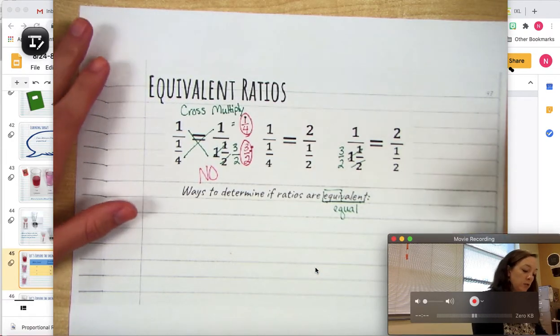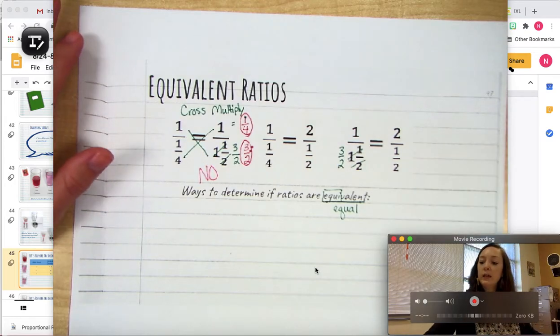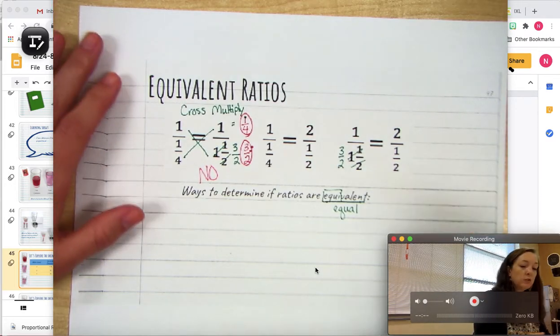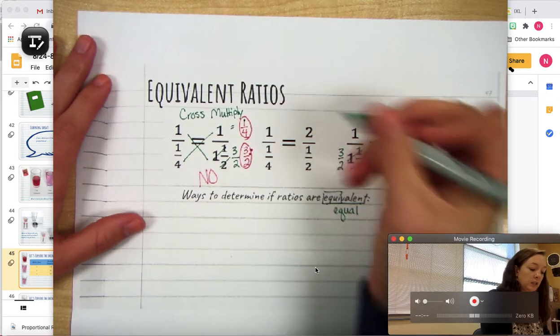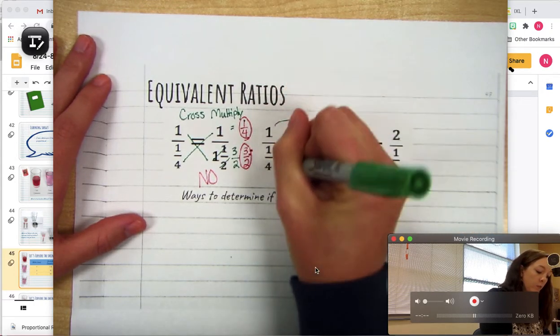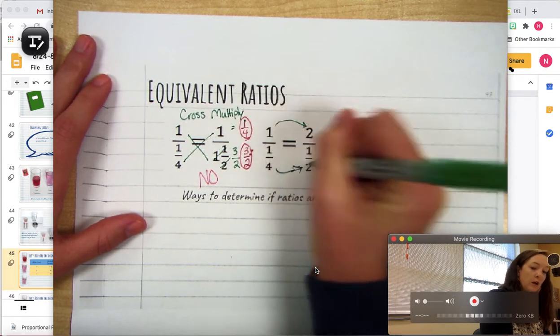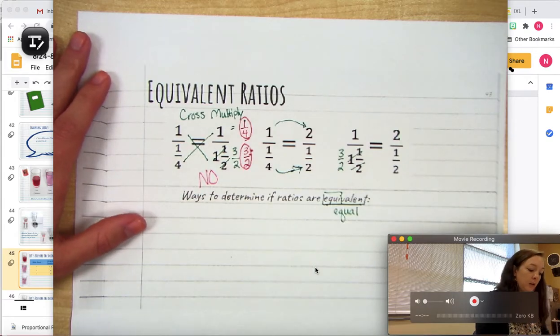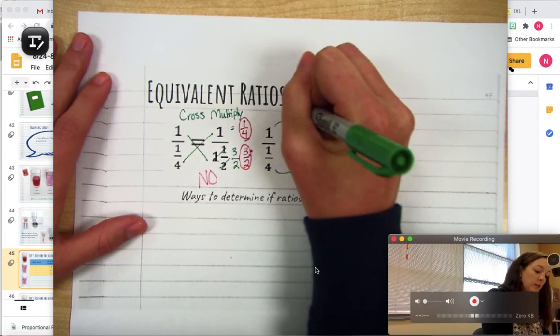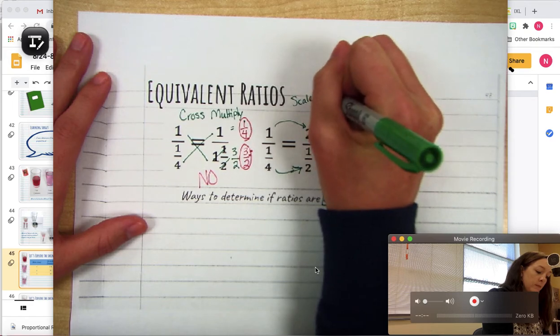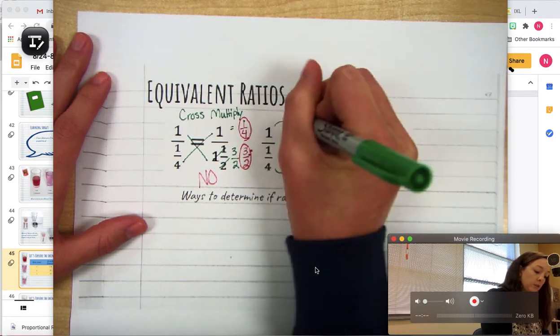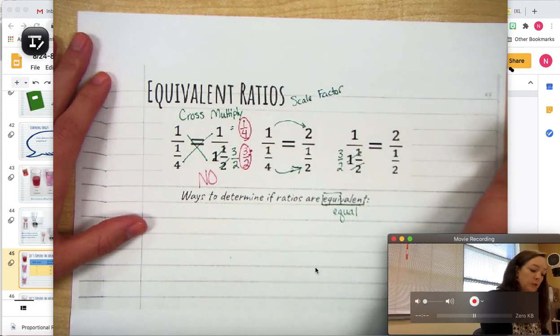Another way that we can do this is similarly to what we just did, find that scale factor going from one ratio to the next, figuring out what it changes by. So this would be the scale factor method. So 1 times something gives me 2.